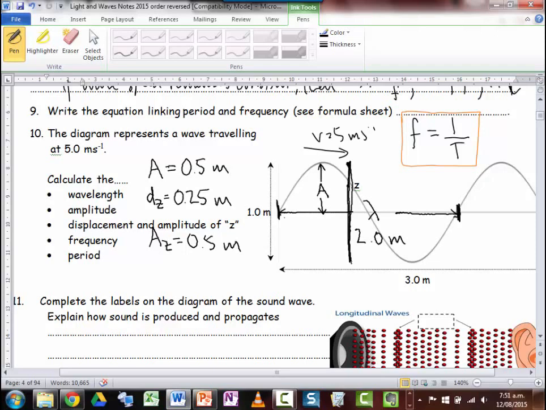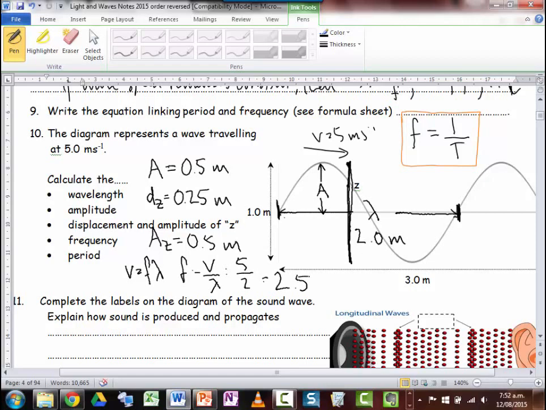The frequency of this wave, well, how do we work that out? We know the speed and we know the wavelength. So we know v is equal to f lambda. So f is equal to v over lambda, which is equal to 5 over 2, which is equal to 2.5.